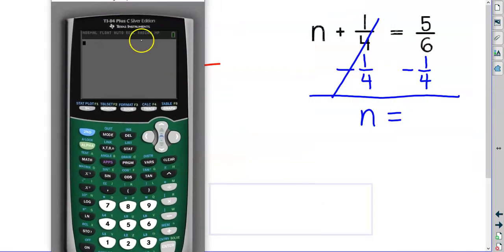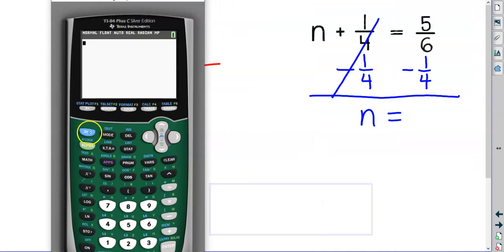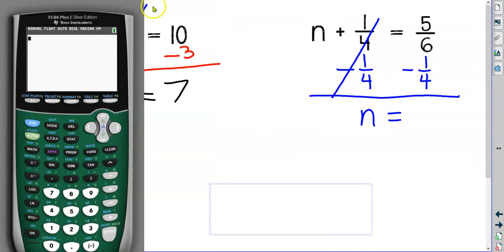So let's take a look using this TI-84 graphing calculator. So the fraction button is here in the alpha y equals menu. Alpha y equals. I'm going to choose number 1 since I have just a proper fraction here. 5/6. And then I'm going to arrow to the right to get out of that fraction.